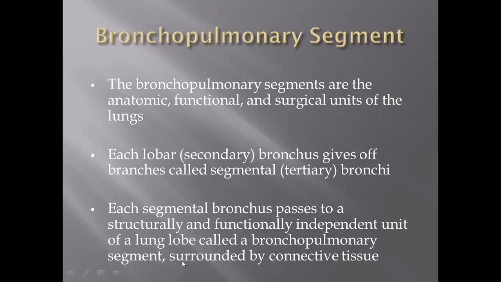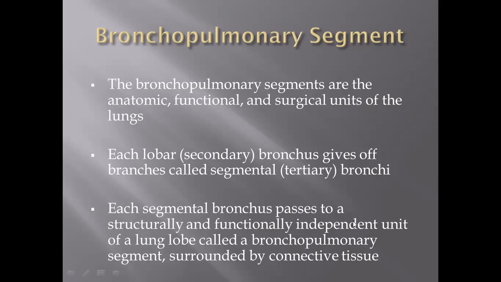One can add one more point: the area of the lungs which is aerated, meaning air is given by the tertiary level of the bronchi, is also called the bronchopulmonary segment, which is the anatomical, functional, and surgical unit. If you see the shape, it is pyramidal. So one can mix all these points and define the bronchopulmonary segment.